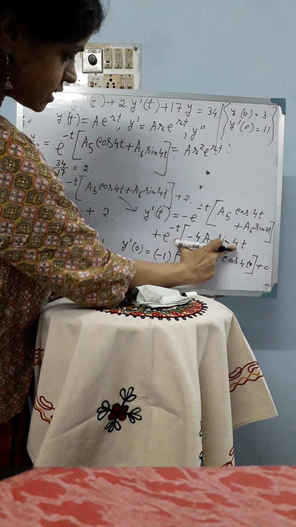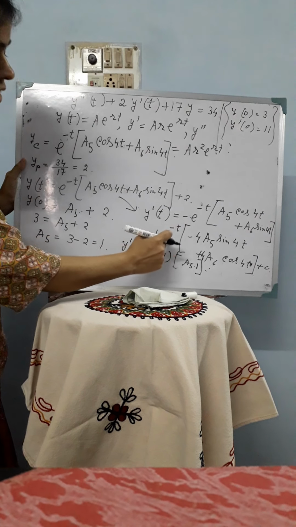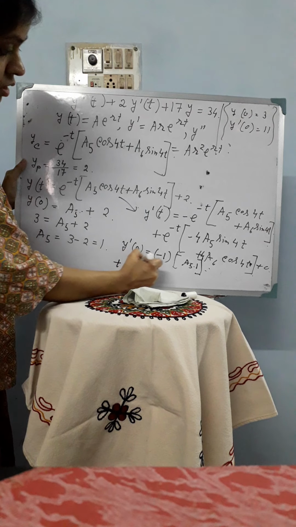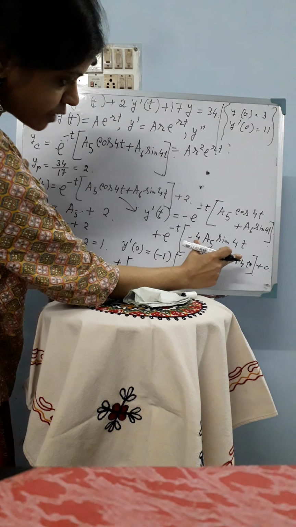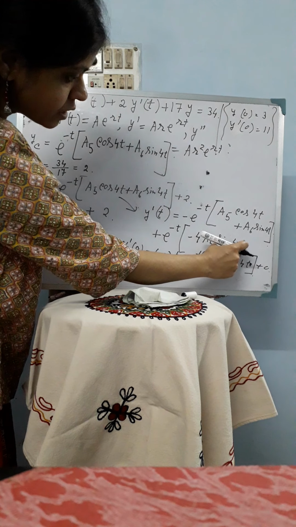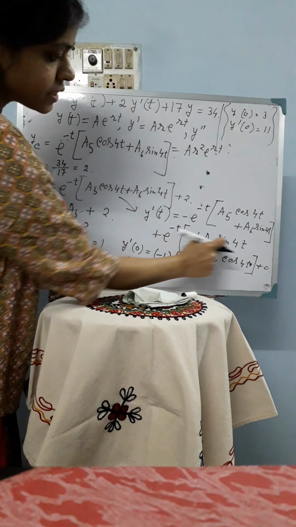Then we have to consider this term. Here again e to the power minus 0 is equal to 1. Then within the bracket, if we put t equal to 0, in the first term sin 0 is 0, so this term will vanish.